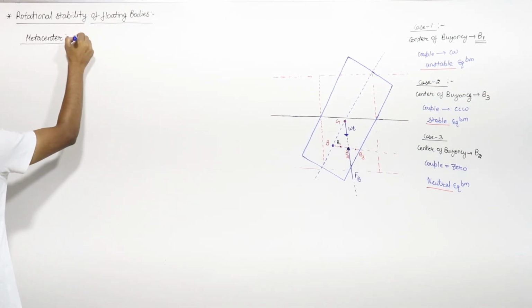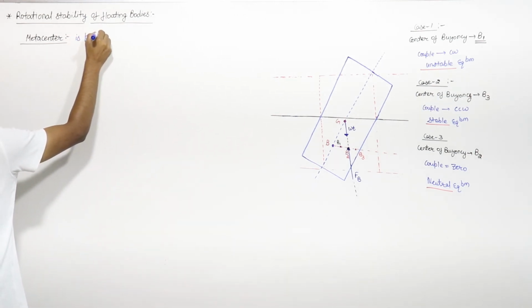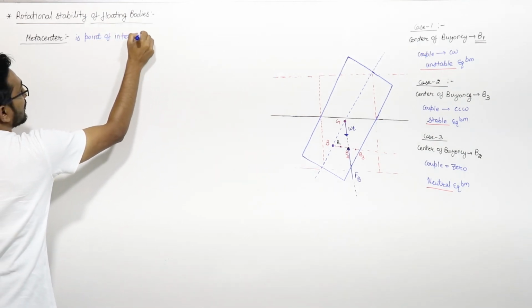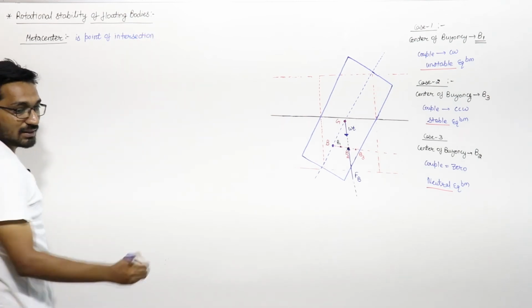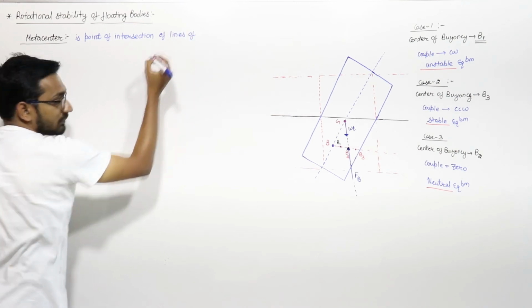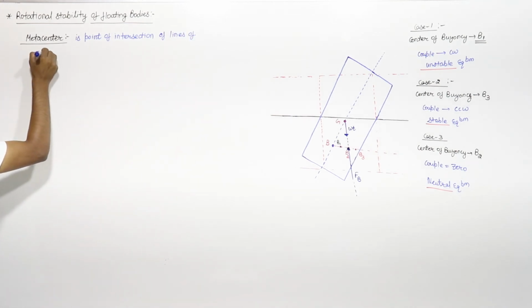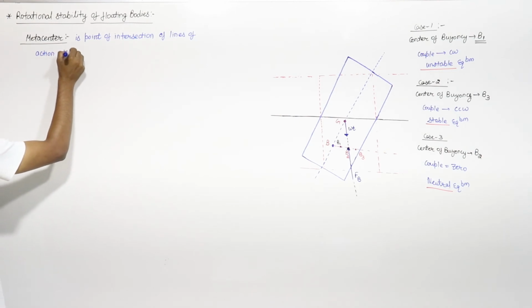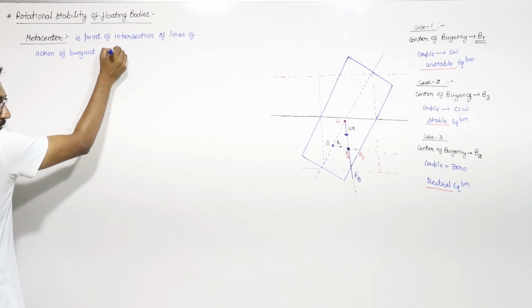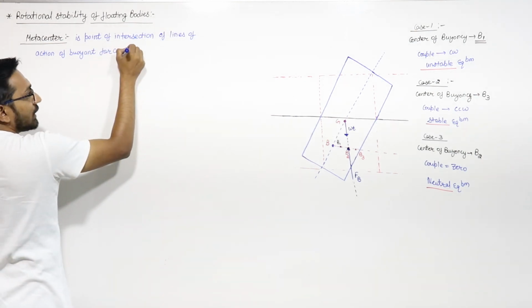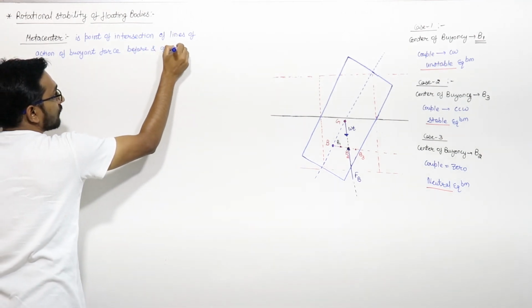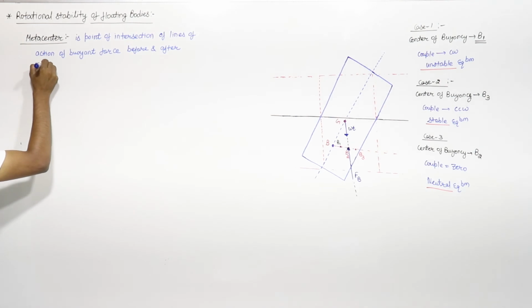Meta center is a point of intersection of lines of action of buoyant force, before and after rotation.